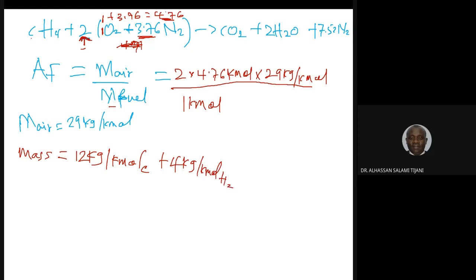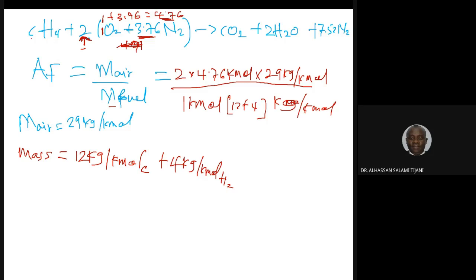So if you substitute them over here, this gives me 12 plus 4 kilogram per kilomole.